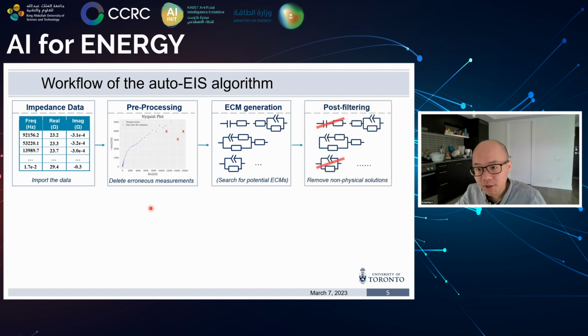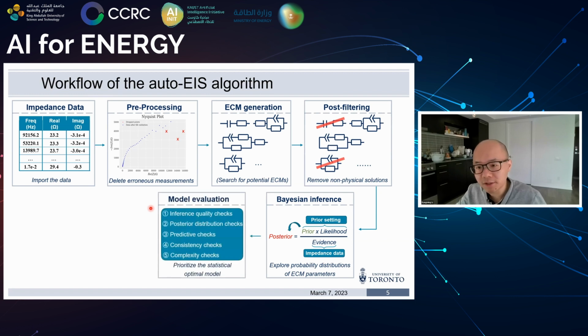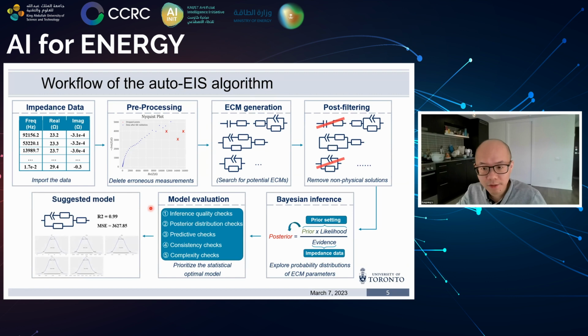Non-physical ECM solutions are removed in the post-filtering, and then Bayesian inference is used to explore the probability distribution of the ECM parameters. Some further statistical checking is performed, and finally a statistical optimum model is suggested.